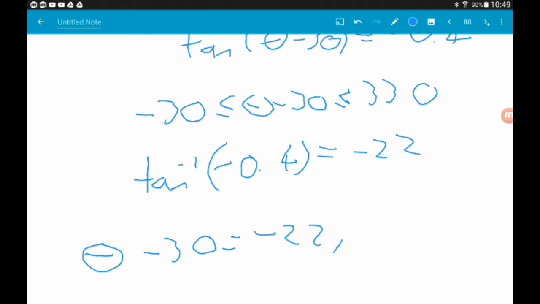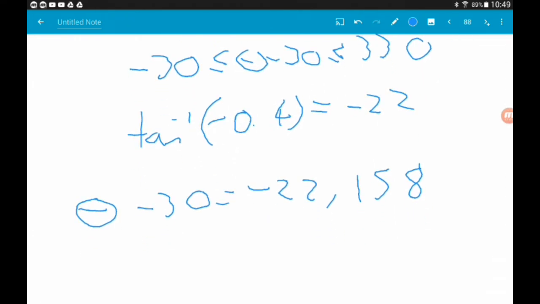So theta minus 30 is minus 22. Now to get the next one, because we're dealing with tan, we just add 180. That's going to give us 158. Now if we add 180 again, we're outside of our interval, so we don't need to do that.